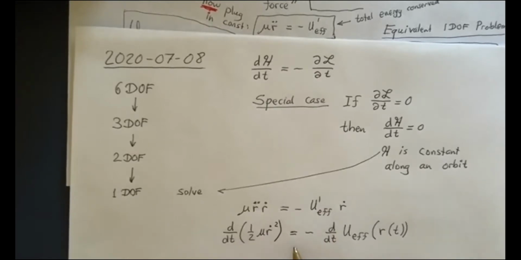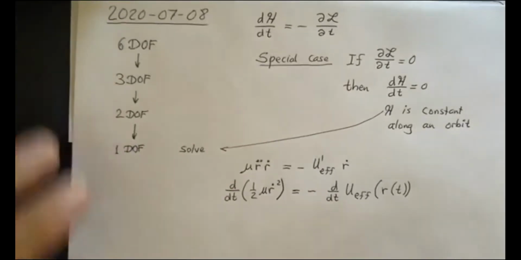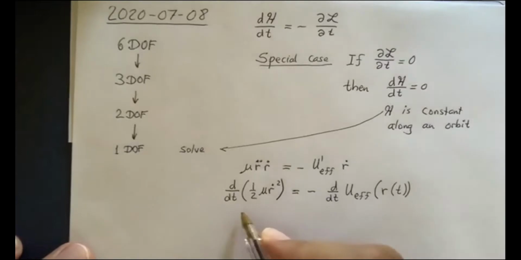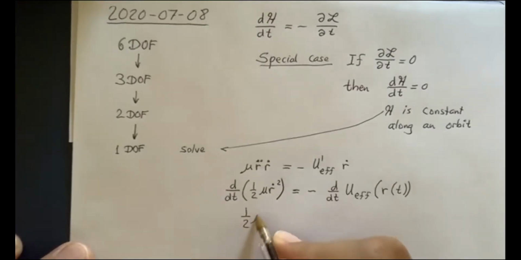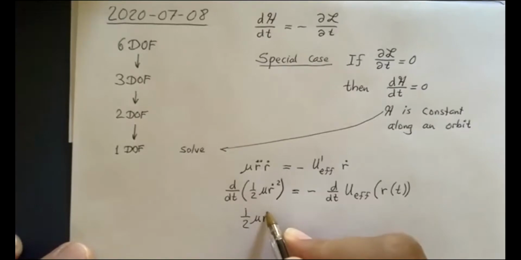So we've shown that this total time derivative is minus this total time derivative. Okay, it stands to reason that if you bring this term over, you have an object whose total time derivative vanishes. We've just shown 1/2 mu r dot squared plus u effective is constant along an orbit.